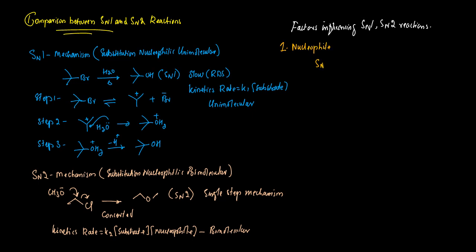Usually SN2 requires a strong nucleophile because it is involved in the rate determining step. This is a single step, so this is the rate determining step. As far as SN1 is concerned, there is no involvement of the nucleophile in the first step, which is the rate determining step. Therefore in SN1 there is no need of a strong nucleophile.